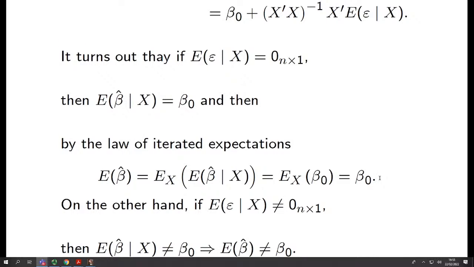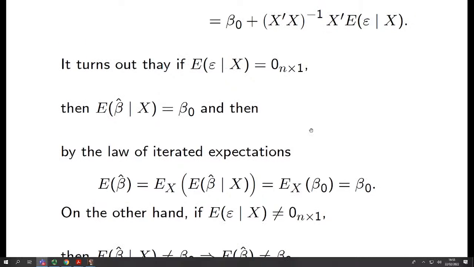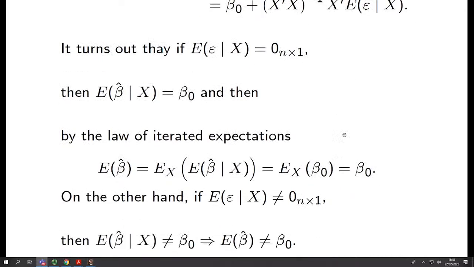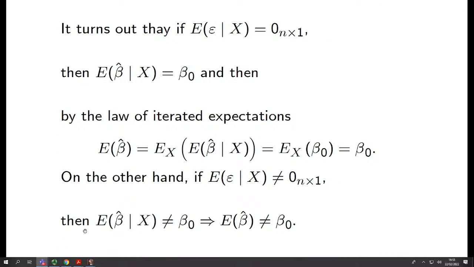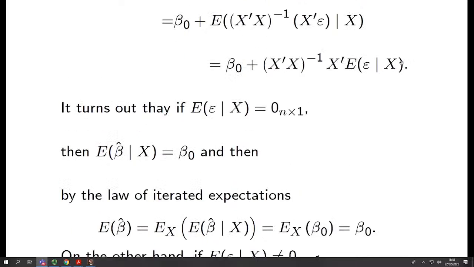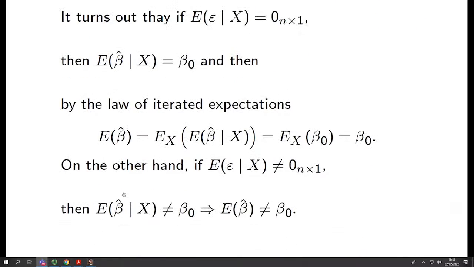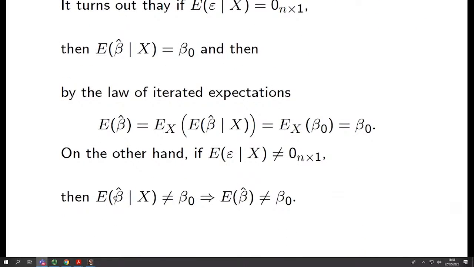But on the other hand, if I know for some reason that this term here is not 0, but different from 0, then you should agree with me that I'm not killing this term, and this bias will remain there. And of course, I have a setup where the expected value of beta hat given x will be different from the true value.